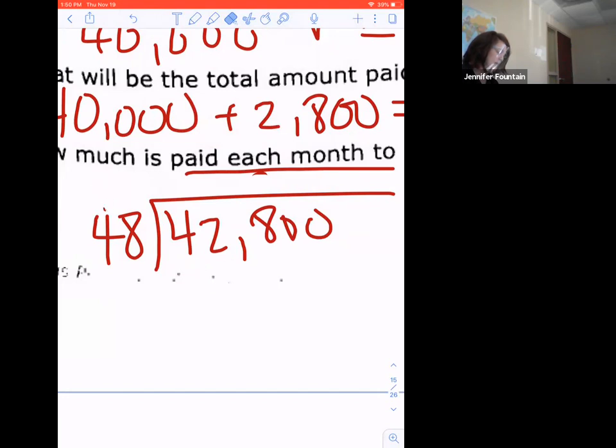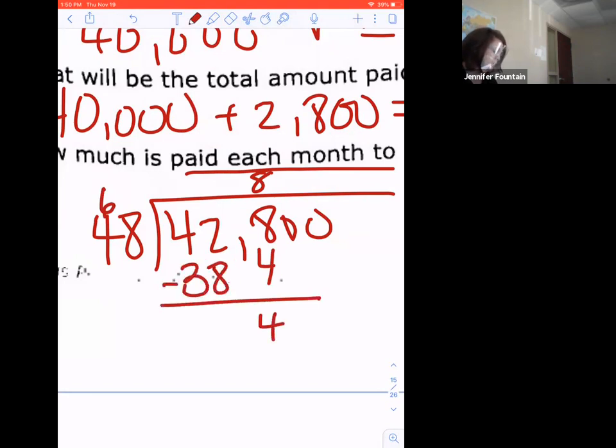All right, so let's try 8. 8 times 8 is 64. Put down my 4, carry my 6. 8 times 4 is 32, and 32 plus 6 is 38. Subtract. 8 minus 4 is 4. 12 minus 8 is 4. Bring down a 0. So now that'll go 9. 9 times 8 is 72.